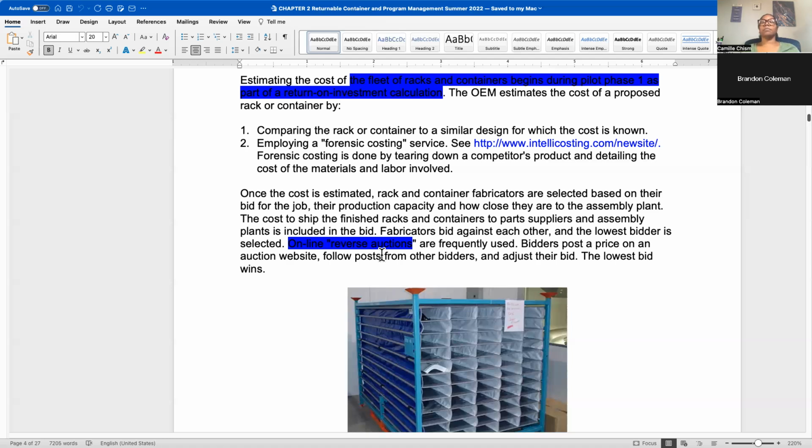So these are just some of the things you want to keep in mind as you start working on your budget. Then you start determining who's going to supply your packaging, and how they are going to build it. In automotive, when they have this process for determining the cost, some companies will have bid reviews.